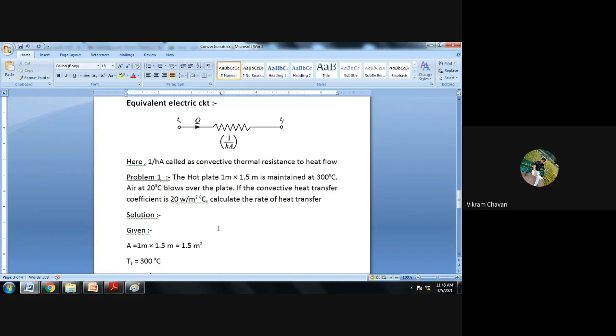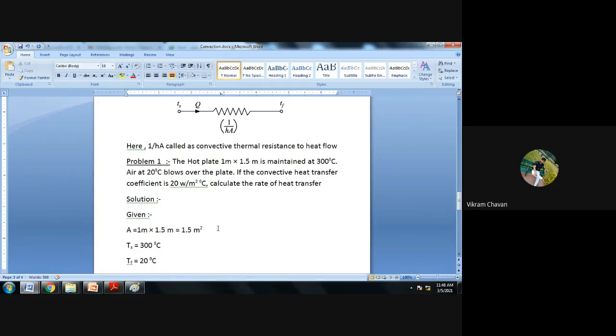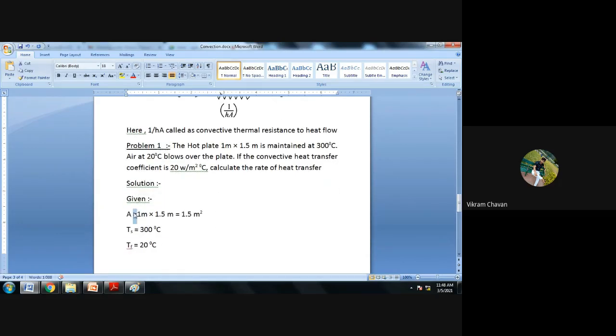Now note down the given data. A, the surface area of the plate, 1 meter by 1.5 meter, is equal to 1 into 1.5, that is 1.5 meter square.